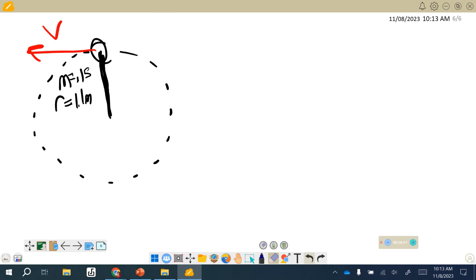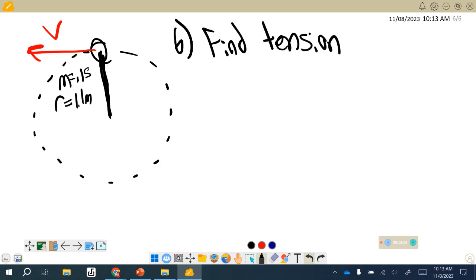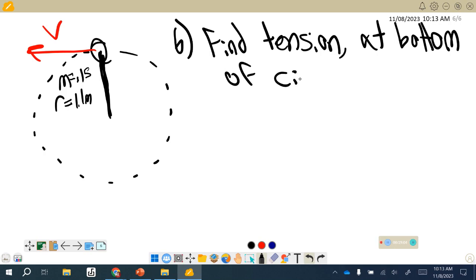Part B asks us to find the tension in the string, find the tension at the bottom of the circle. So we're going to consider what's going on with this ball at the bottom of its circular motion rather than the top.